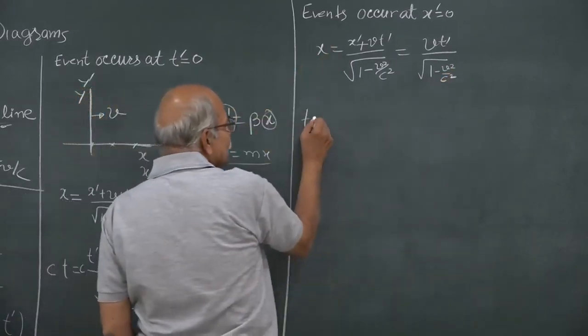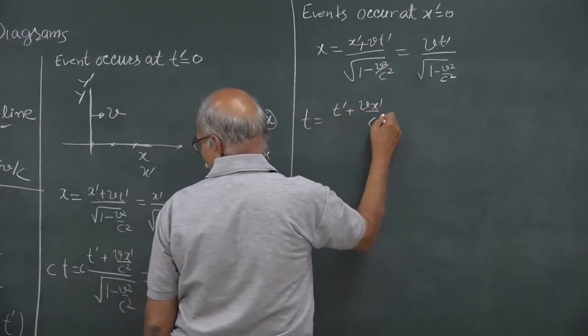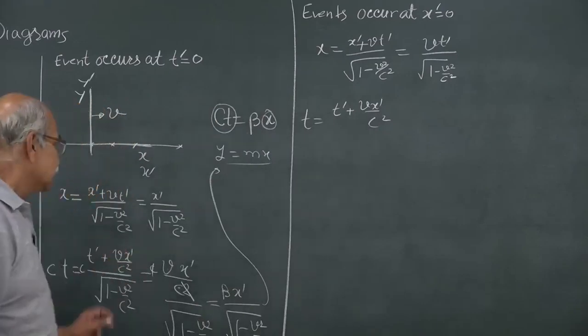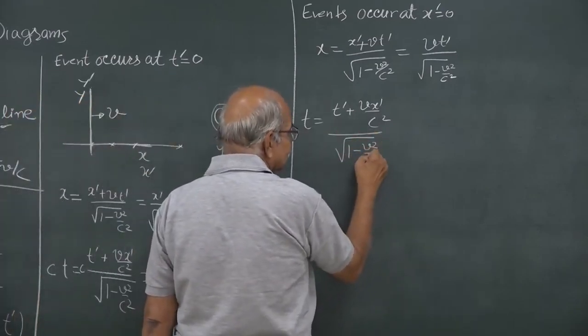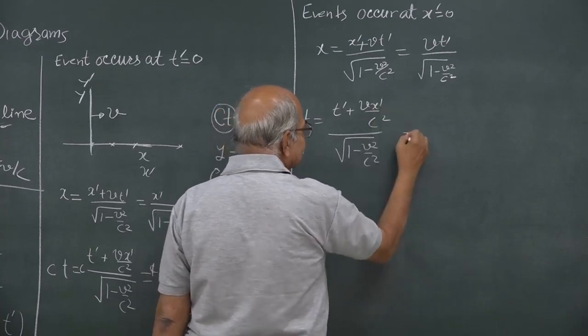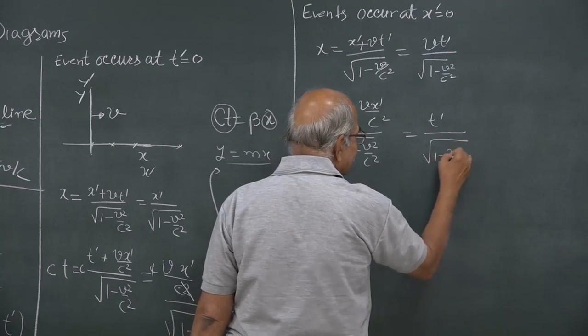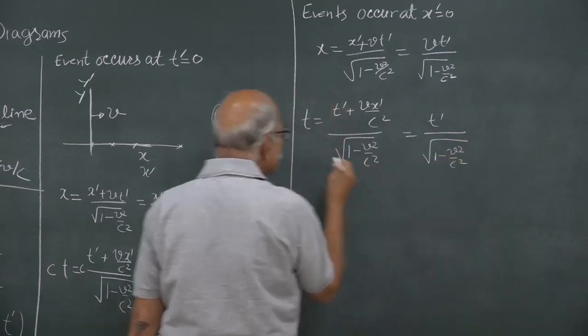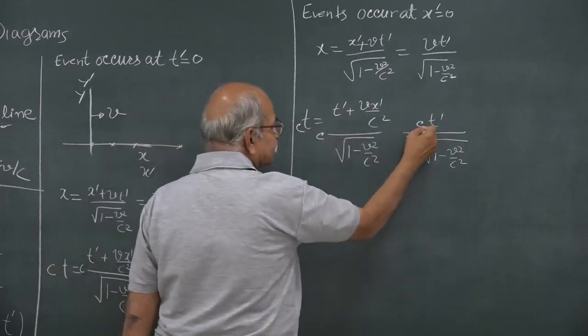And t is equal to t prime plus v x prime by c square, divided by square root of 1 minus v square by c square, and since x prime is 0, this is t prime divided by square root 1 minus v square by c square, multiplied by c. So, it is this.